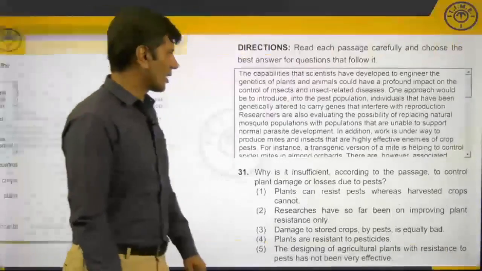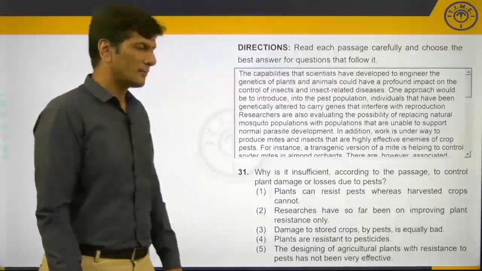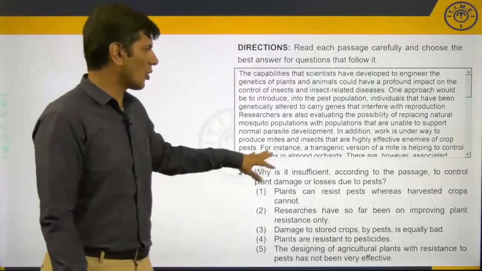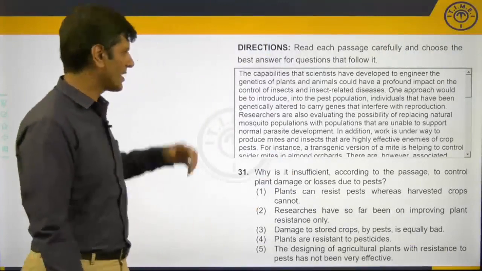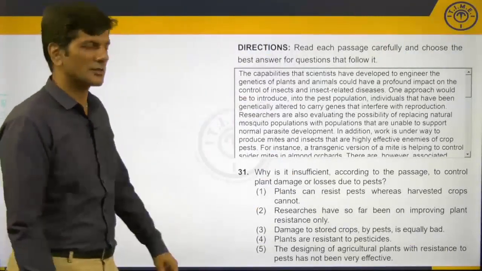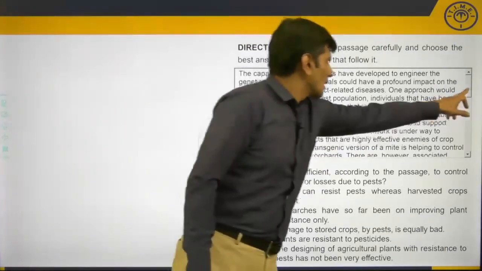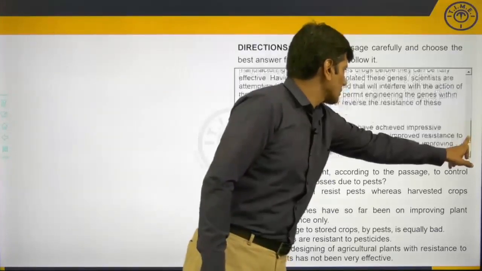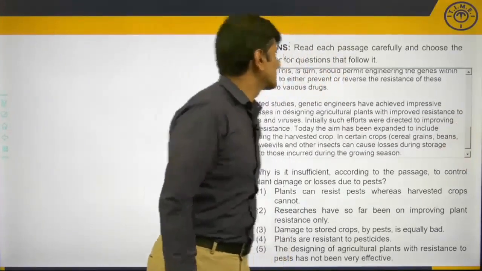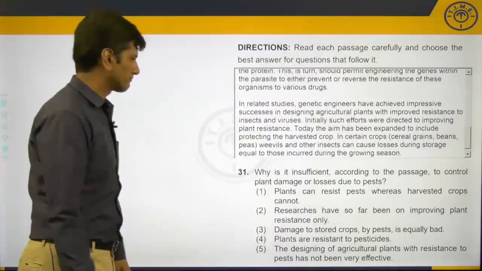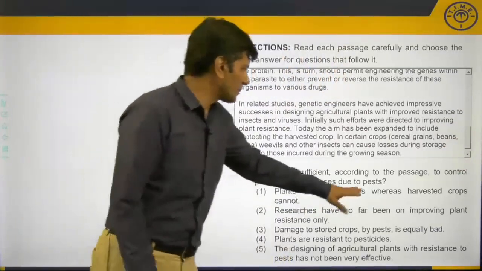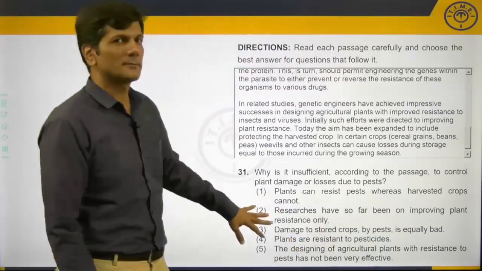Why is it insufficient, according to the passage, to control plant damage or losses due to pests? Why is it insufficient according to the passage? Let's take a look at the last part of your passage. Plants can resist pests, whereas harvested crops cannot.